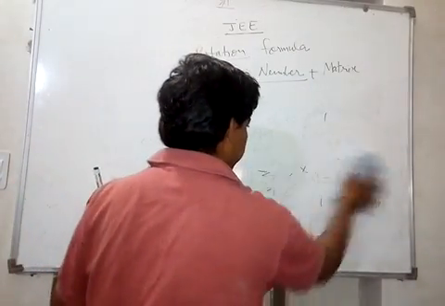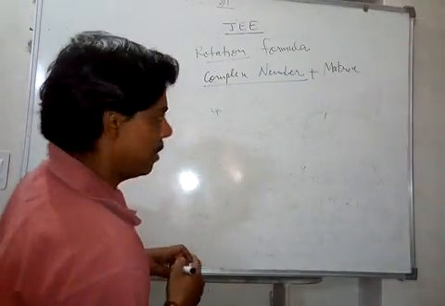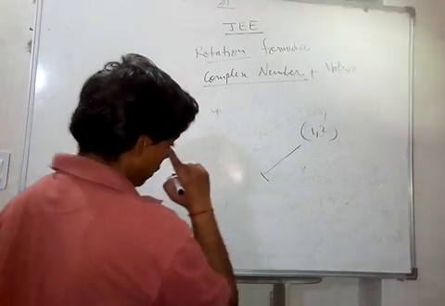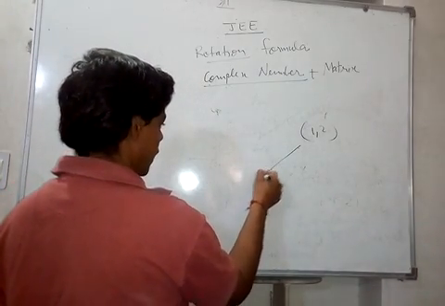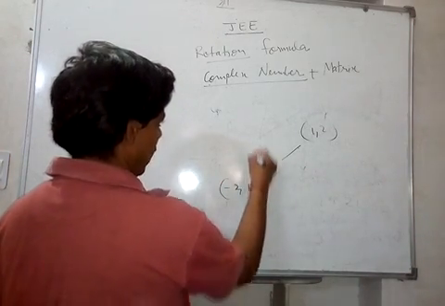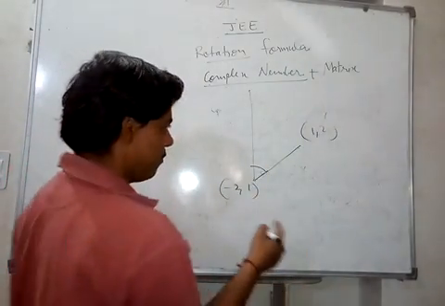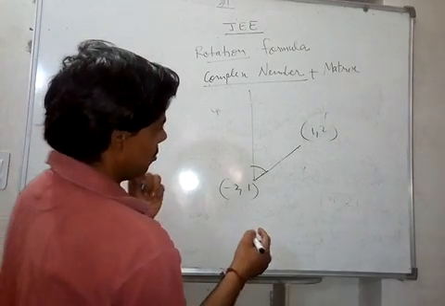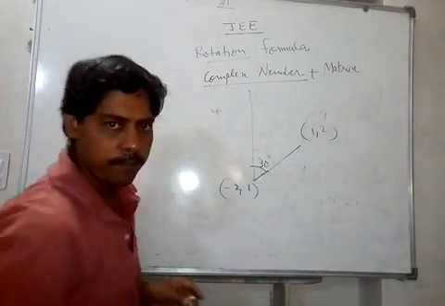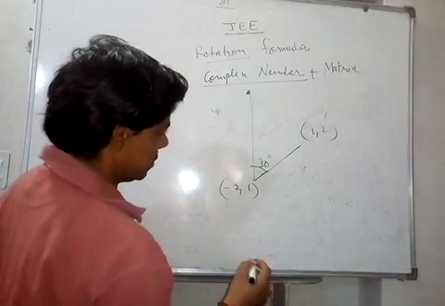Suppose we have a very important example here. Suppose we have a complex number 1 + 2i, okay, and it is rotated about, say, another complex number, we can make it say -2 + i, and we have to find what complex number it will become if the rotation is done with an angle of 30 degrees.